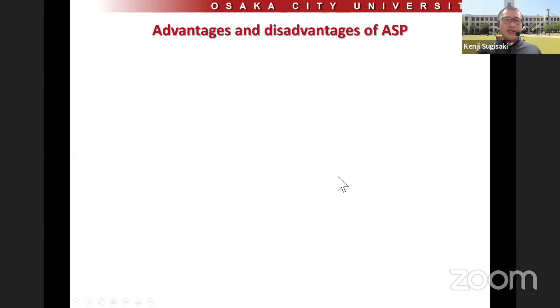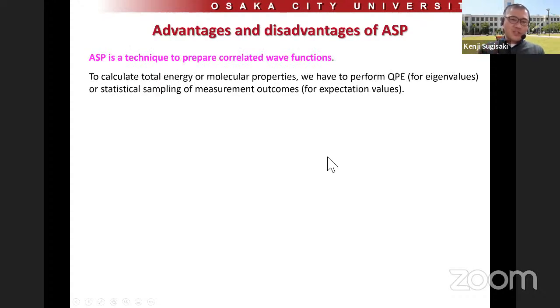Of course, there are advantages and disadvantages in the adiabatic state preparation approach. First of all, adiabatic state preparation is a technique to prepare the correct wave function. In order to calculate the total energy or molecular properties, we have to perform quantum phase estimation or statistical sampling of measured outcomes, like in VQE.